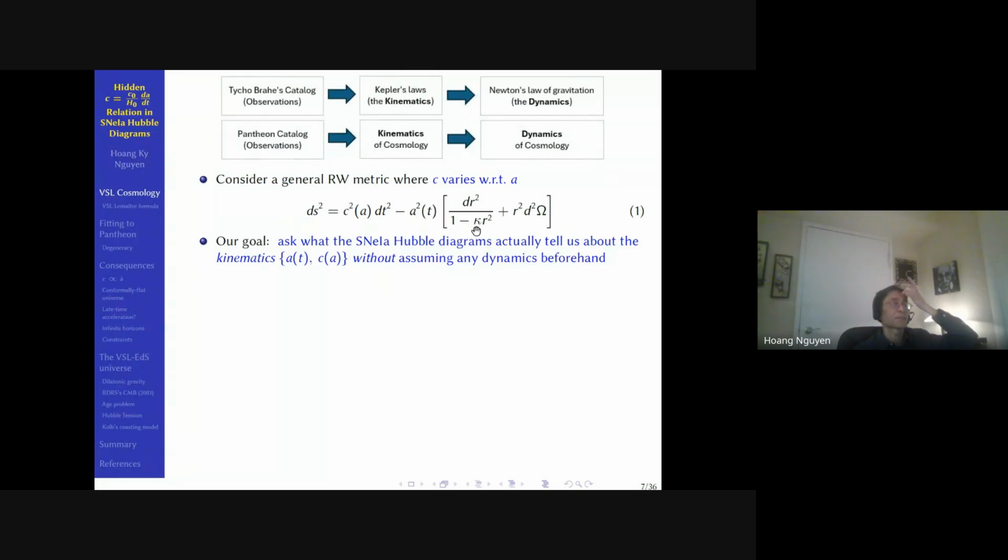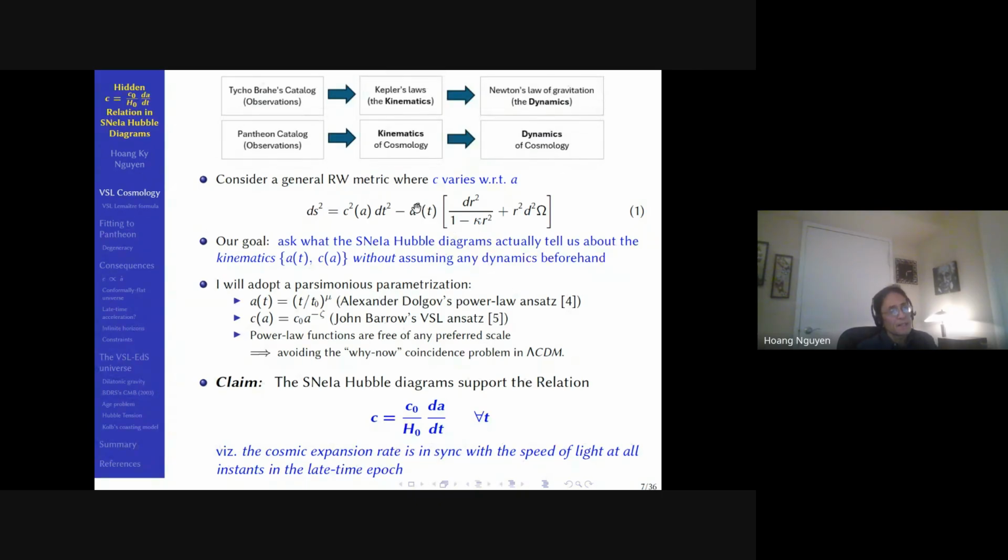They are very generic. And again, our goal is to find out how the supernovae Hubble diagram actually tells us about the kinematics, a(t) and c(a), without a priori assuming any dynamics beforehand whatsoever. Okay, and of course we need to parameterize these two functions.